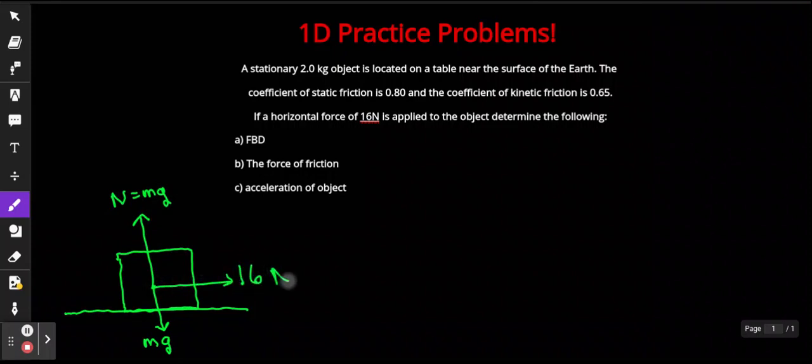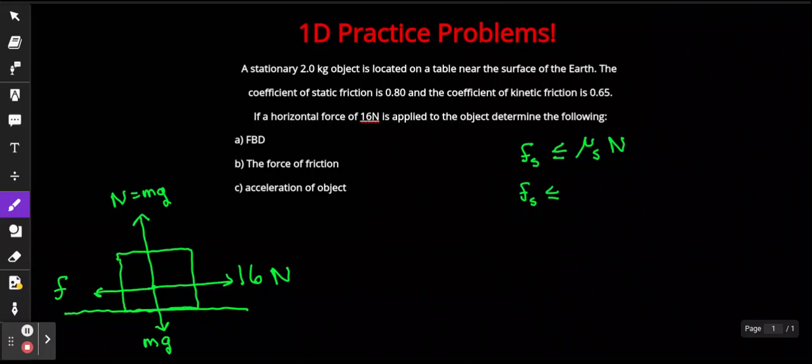And this is going to cause a friction, we don't know if it's static or kinetic, in the opposite direction. So first, let's check if our force is greater than the maximum of the static friction. Static friction is mu static, the coefficient of static friction, times the normal force, and this is going to give us the maximum of static friction.